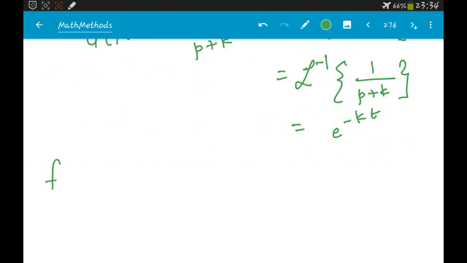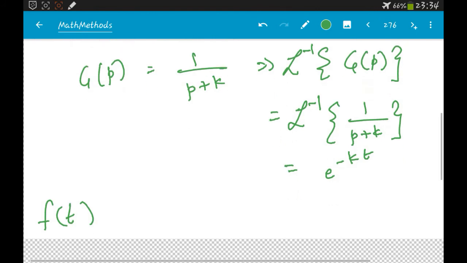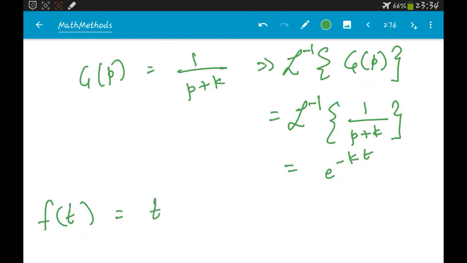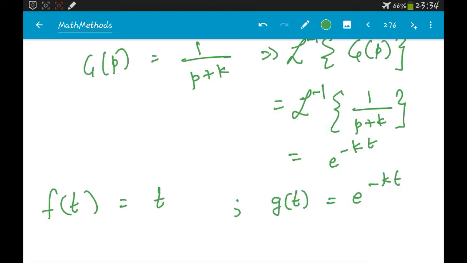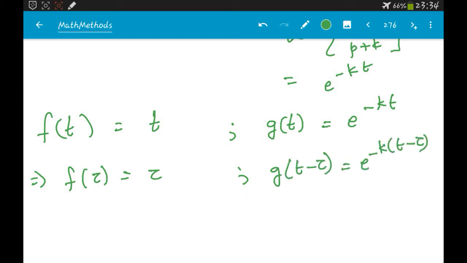So now f of t is t and g of t is e power minus kt, right? Which means that f of tau is tau and g of t minus tau is going to be e power minus k into t minus tau.